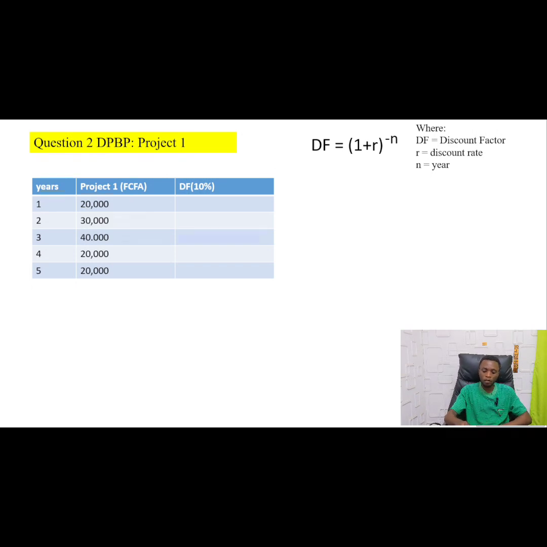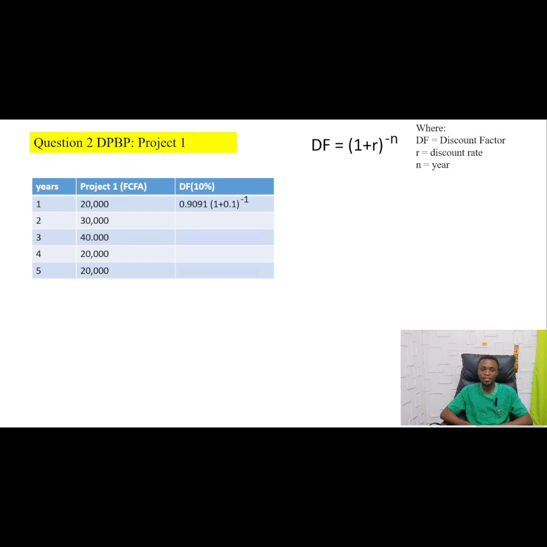To calculate the discount factor for year 1, we take 1 plus 0.1, which is the 10% given in the question, 10 divided by 100, giving us 0.1. We substitute it in our discount factor formula, which is (1 + 0.1) to the power negative n.